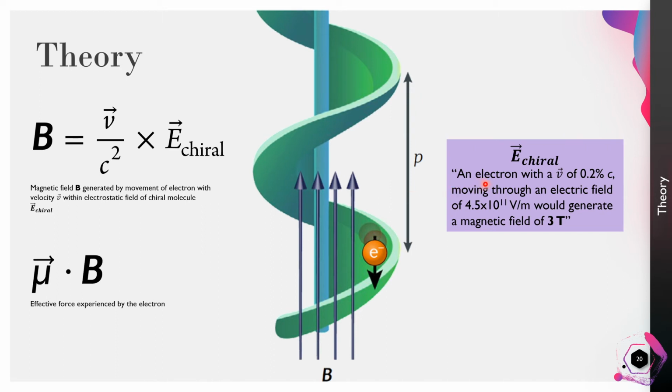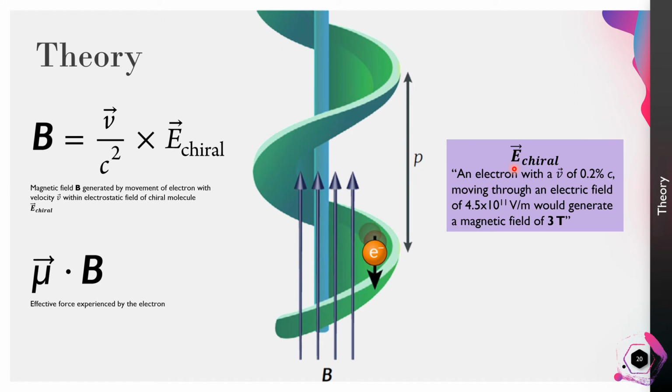The exact derivation of the electrostatic vector from a chiral molecule is not included here, but if an electron with a speed of about 2% the speed of light were moving through an electric field of 4.5 times 10 to the 11 volts per meter, it would generate a magnetic field of 3 Tesla. And that's a very significant magnetic field.